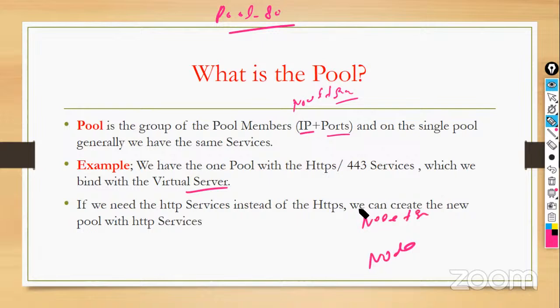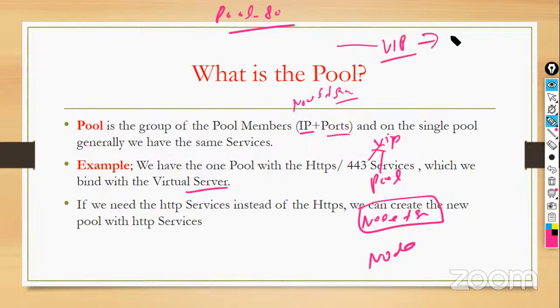Then the combination of node and service we call pool, then the pool is added to your virtual server, right? Once traffic is coming from the client to the VIP, it always hits the VIP, and the VIP sends it to the pool, then the pool members, right?